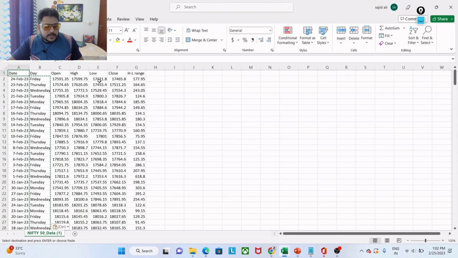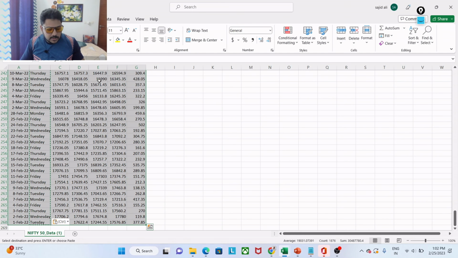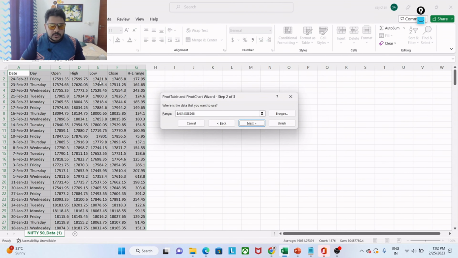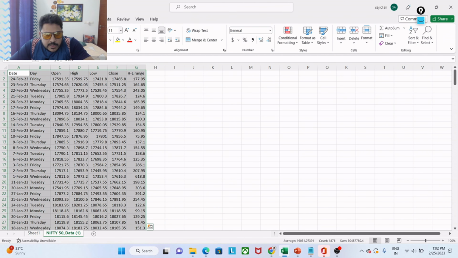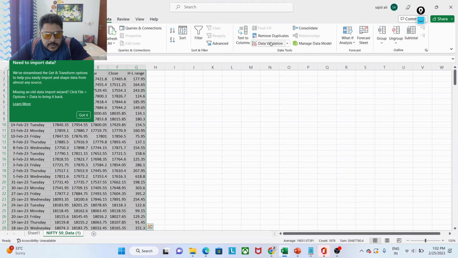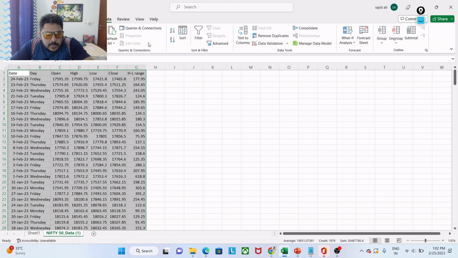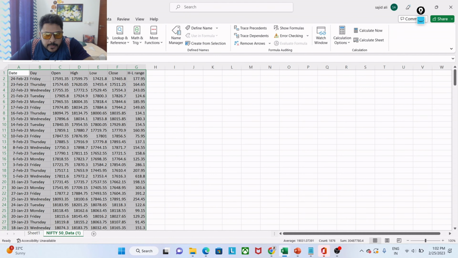Now the next step is to create a pivot table. Okay, I am using all shortcuts, so you can just use the plain pivot table the way you can. You can just select it, click on data, then you can click on pivot table, create pivot table. So let me show it to you.